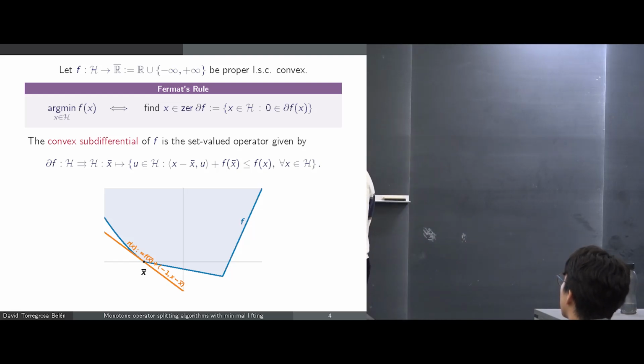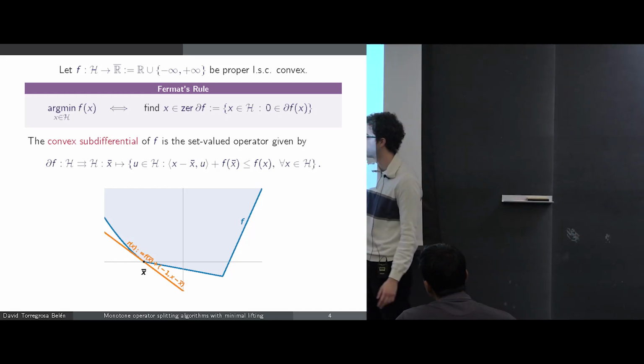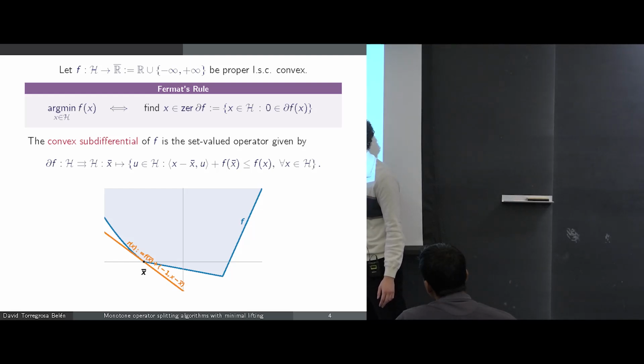And here is the definition of the subdifferential, if you are not familiar with it: it's a set-valued operator that, given a point x bar, maps to all these vectors u that define hyperplanes that leave the epigraph of the function above them. So for example, for this example here, -1 would be a subgradient because it belongs to the subdifferential of f at this point x bar.